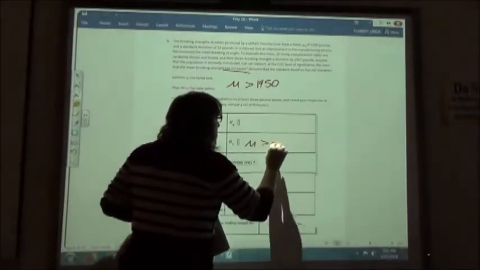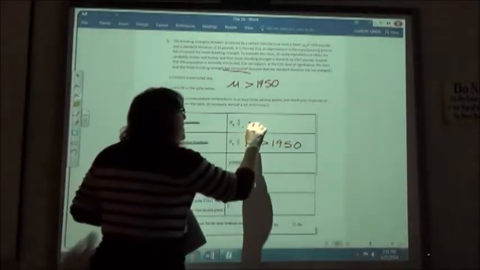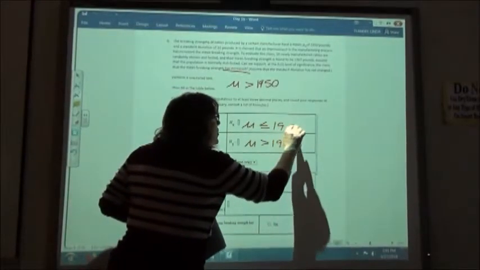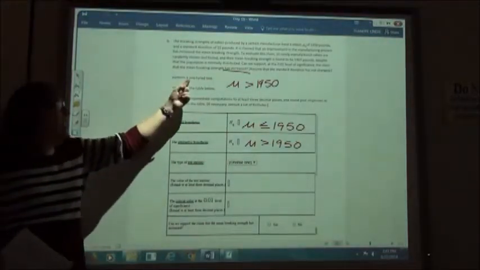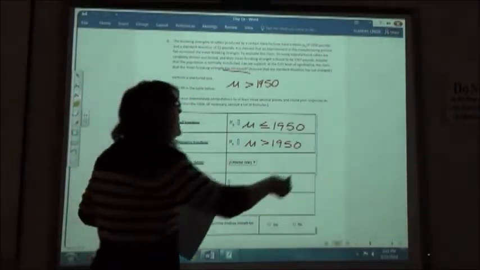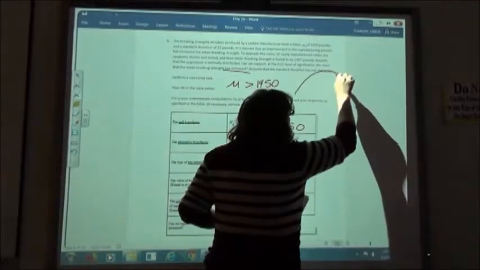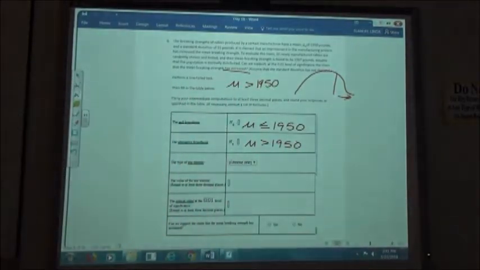The mean is greater than 1,950. My null then is that the mean would be less than or equal to 1,950. Now notice this time it says perform a one-tailed test instead of a two-tailed test. If it's a one-tailed test, you're either going greater or less. In this case, we're figuring out greater than, so we're finding that little section over there to the right.